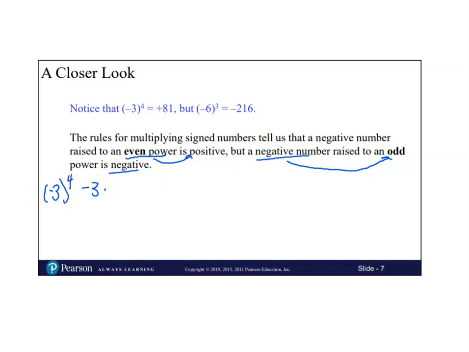If I do negative 3 to the 4th power, that means negative 3 times negative 3 times negative 3 times negative 3. Well, with these two, we would be doing a negative times a negative, which is a positive, and another negative times a negative, which is a positive, which would make our answer positive.